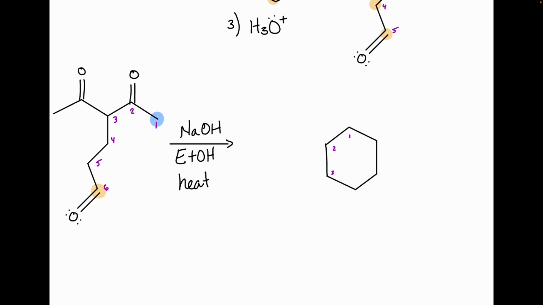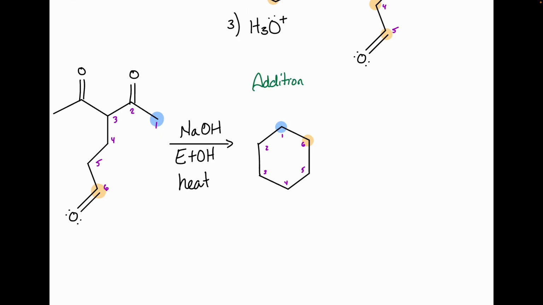It really doesn't matter which way you go, clockwise or counterclockwise. If I stick to my numbering on my reactant side, carbon 1 is my nucleophile, carbon 6 is that electrophile. Since we have heat here, we're going to get the condensation product, but just to help illustrate, I'm going to draw both the addition and then the condensation product.